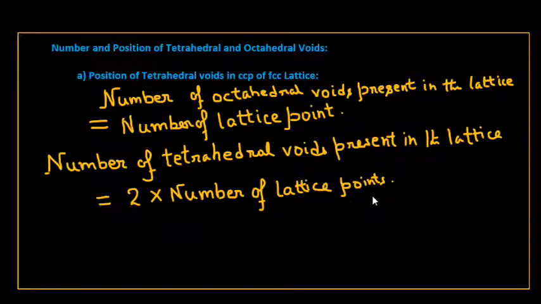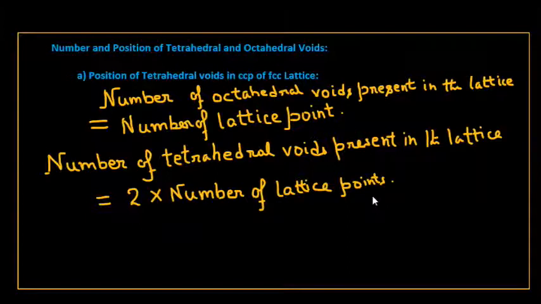Therefore, if the number of lattice points is 4, the octahedral voids will be 4. If the lattice points are 8, the octahedral voids will be 8. But in case of tetrahedral voids, if the number of lattice points is 4, the tetrahedral voids will be 8, twice the number of lattice points.